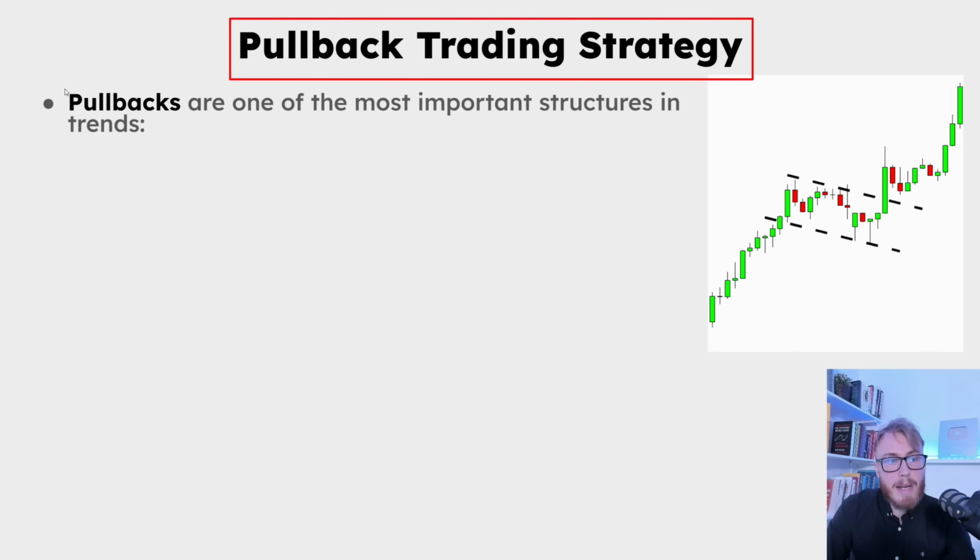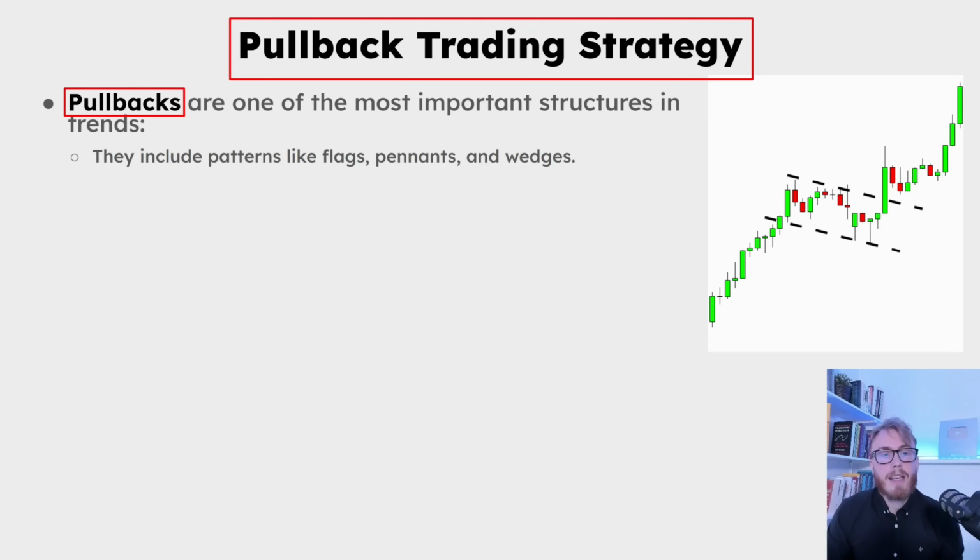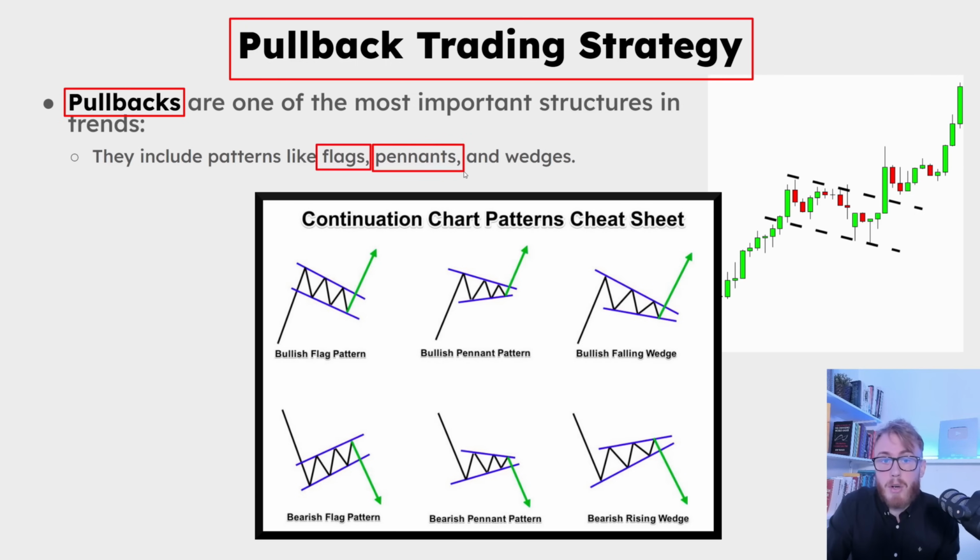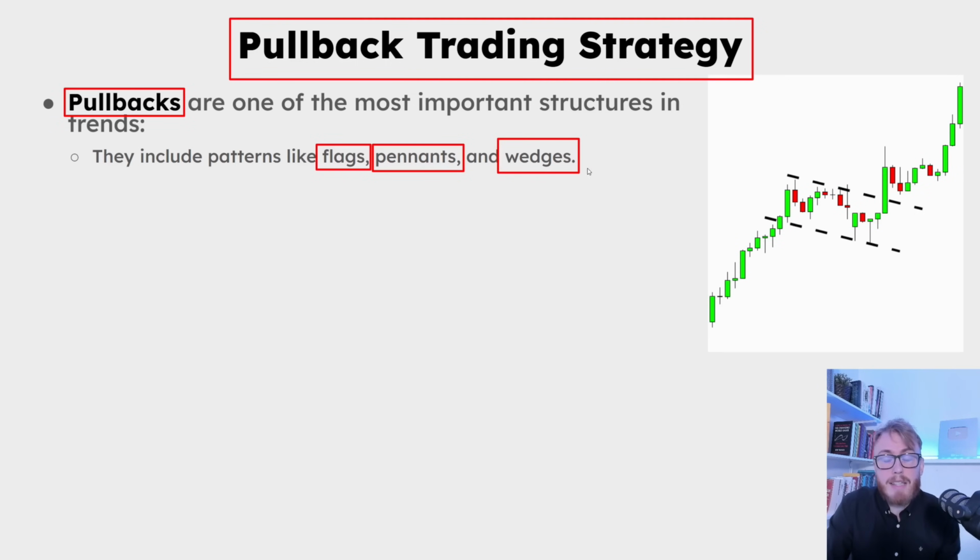As I already mentioned, pullbacks are one of the most important structures and patterns in trends. When it comes to pullbacks, we have many different patterns and names for them. For example, we have structures called flags, pennants, wedges, and there are tons of different specific variations of pullbacks.